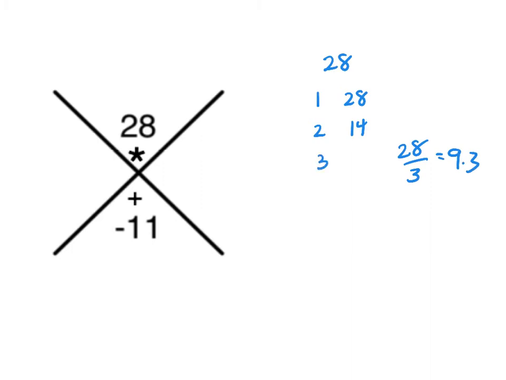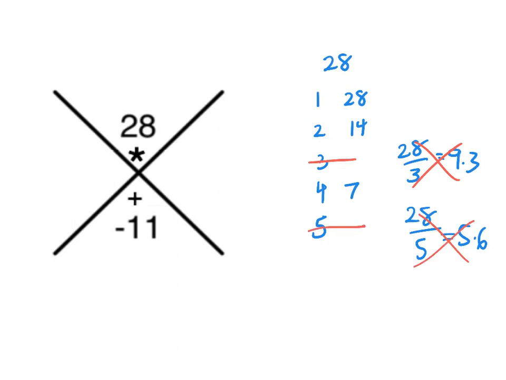So 3 does not work. If I do 28 divided by 4, I get 7. So 4 times 7. And then if we try 5, 28 divided by 5 doesn't work. It gives me 5.6.